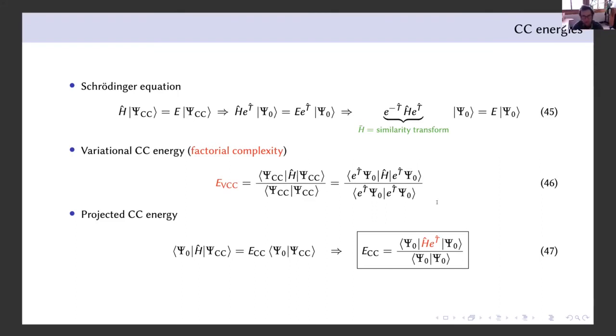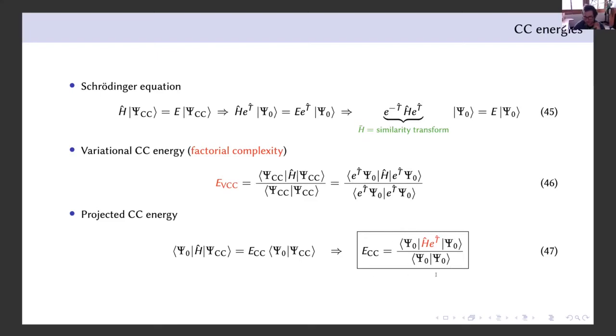So what people have done is to compute the coupled cluster energy by projection, the projected coupled cluster energy. You take that similarity transformed Hamiltonian, or the Schrödinger equation equivalently, and you project it onto psi 0. If you do this, you end up with this definition.